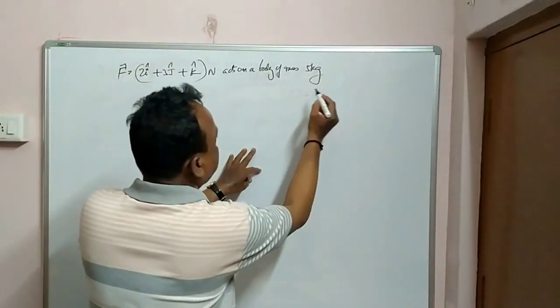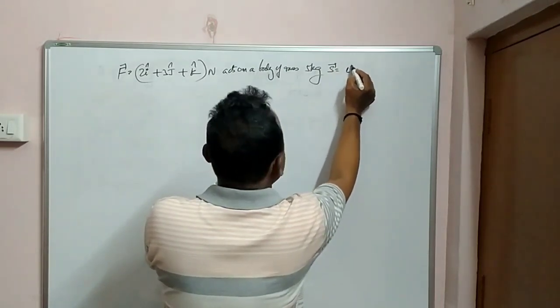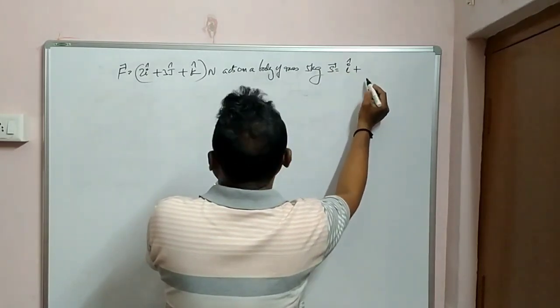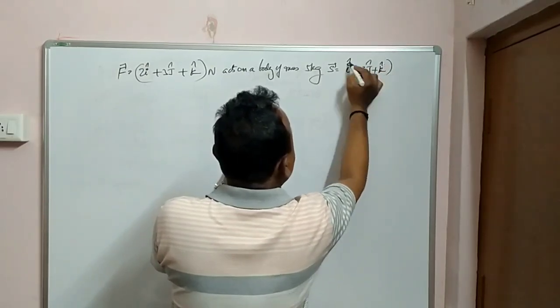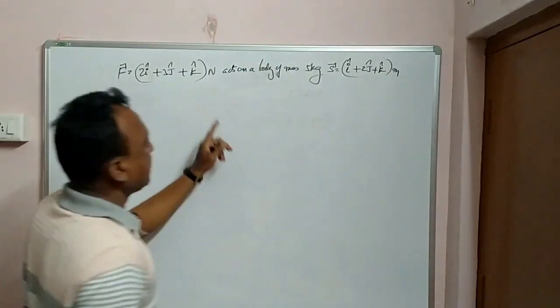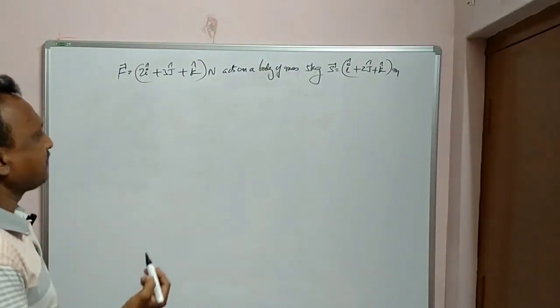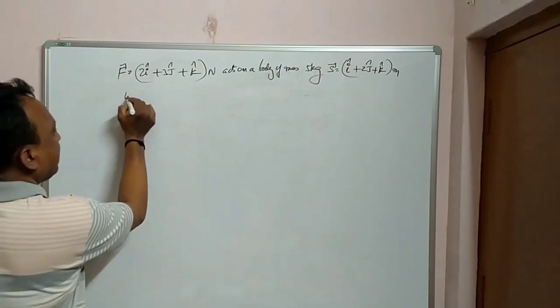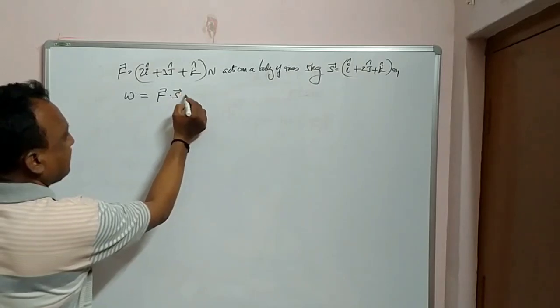Suppose this body is displaced by i cap plus 2j cap plus k cap meters. Then what is the work done? Work done is given by F dot S.